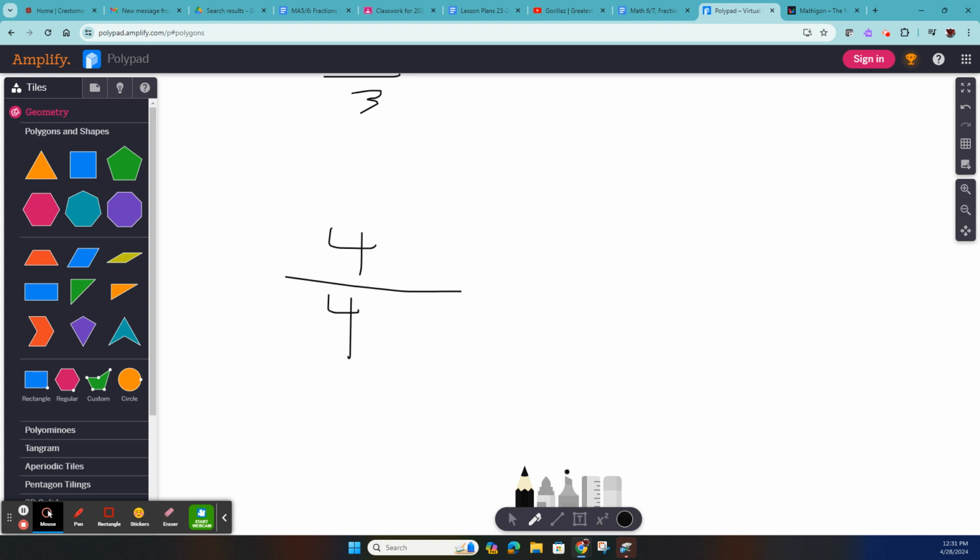Okay, well, that's just 4/4. And that's going to look like this. Let's cut this up, make it into fourths. Okay, pretend those are even. So there you have it, 4/4 right there. That's still just one whole. It's not greater than one whole. It's equal to one whole, so it can't be 4/4.